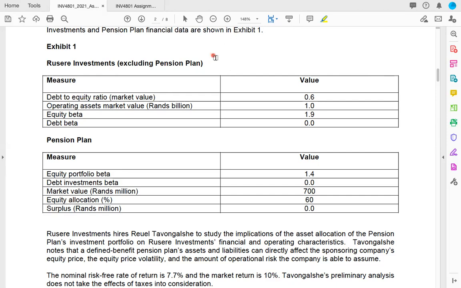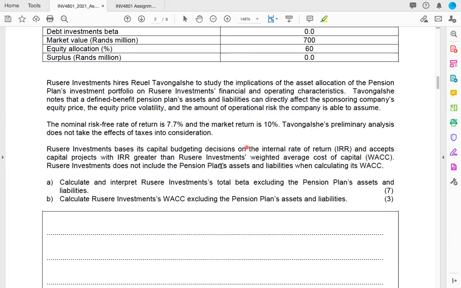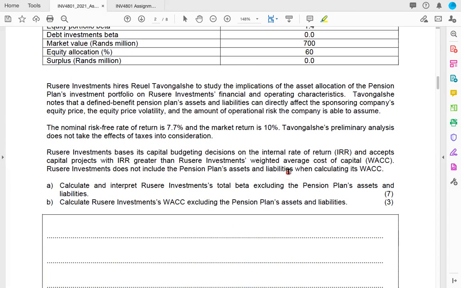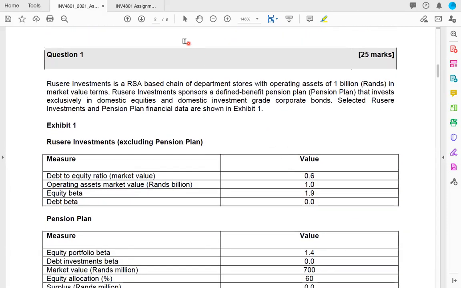So in this question, we have been asked to determine and interpret the company's total beta, excluding the pension plan's assets. In other words, we're trying to calculate the beta associated with the company, excluding the assets and liabilities associated with the pension plan.